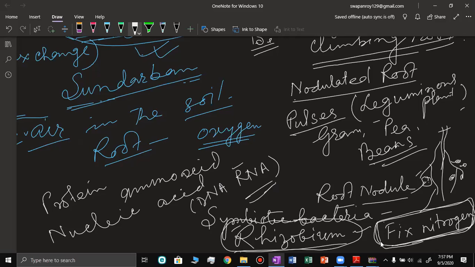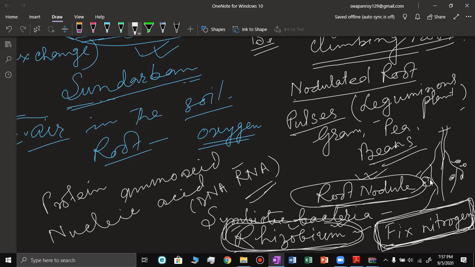Nitrogen is plentiful in the air, but the eukaryotic organisms, the plants, cannot absorb and utilize free nitrogen. Some bacteria and some other prokaryotes, cyanobacteria, only can fix the nitrogen. So this rhizobium lives in the root nodules of the leguminous plant and fixes nitrogen.